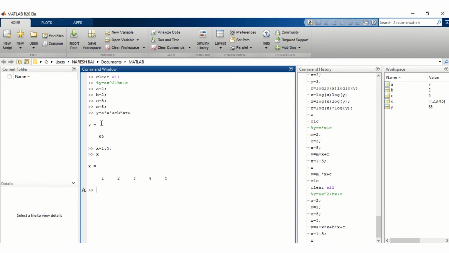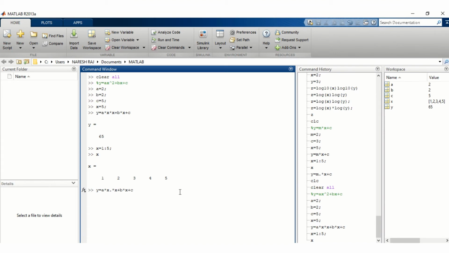Now we will write the equation: y equals a into x into x plus b into x plus c. Now we will use the dot multiplication, because the meaning of dot multiplication is that each element of x is multiplied with the corresponding element of x individually.